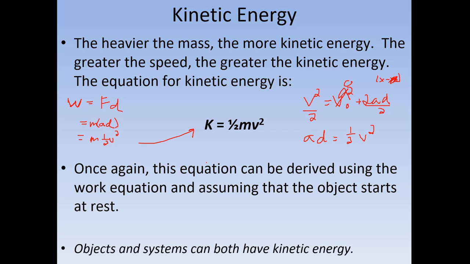Now, if you recall, in the statement that I made about potential energy, I said that only systems can have potential energy. Here, it turns out that kinetic energy can be had by objects, and systems can have kinetic energies.